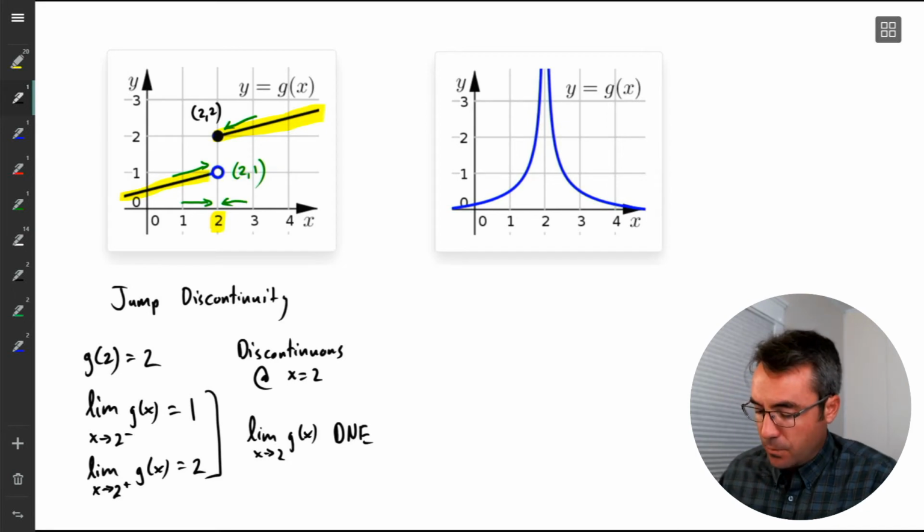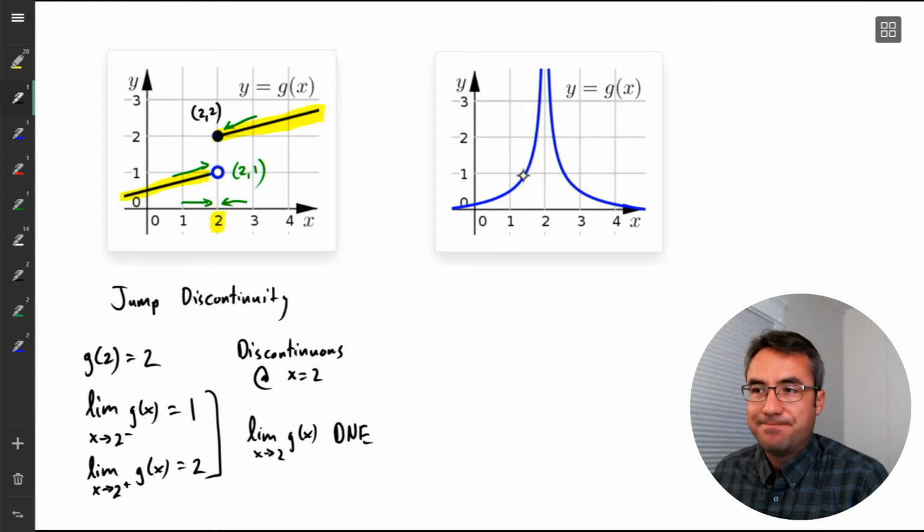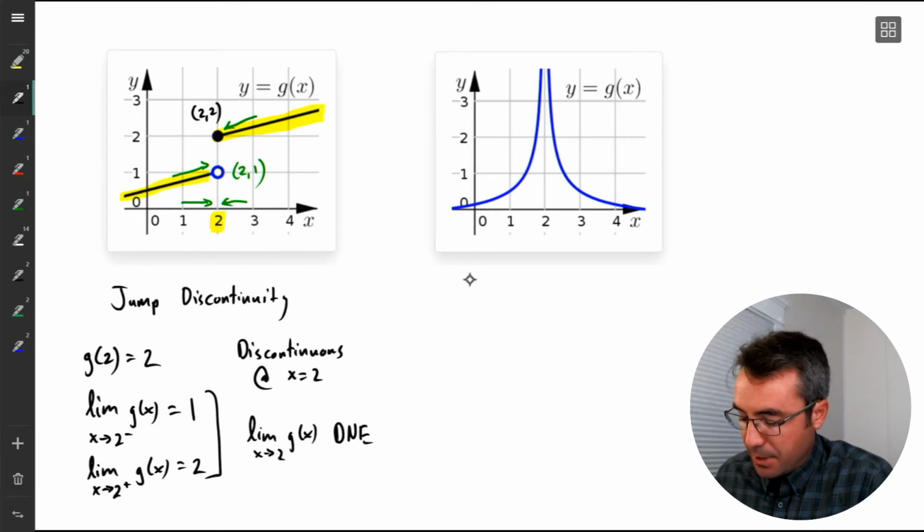All right, one more. What about over here, this last one? We'll see what's going on when we look at the definition, but a lot of times we call this an infinite discontinuity, or an infinite jump.